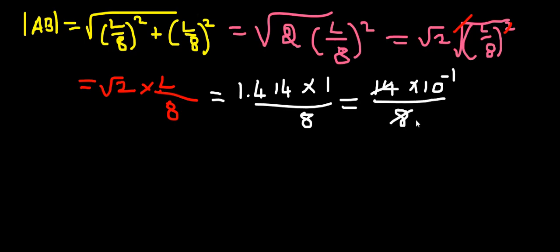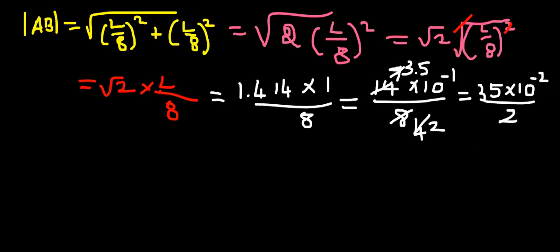So 2 4s are 8, 2 7s are 14. And 3.5 by 2 is equal to 3.5 into 10 power minus 2 by 2.